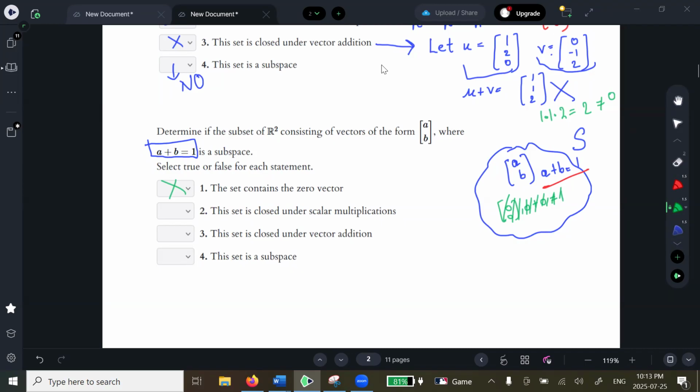In the exam, you need to check: is this set closed under scalar multiplication? Now, what does that tell me? That if I have a vector A, B belonging to the set, then any scalar multiple of that, so K times A, B, will also belong to the set.